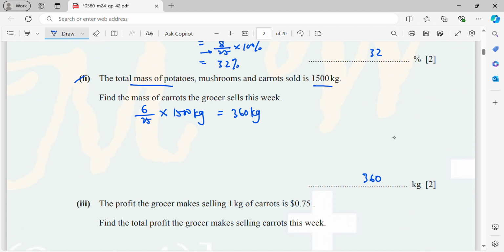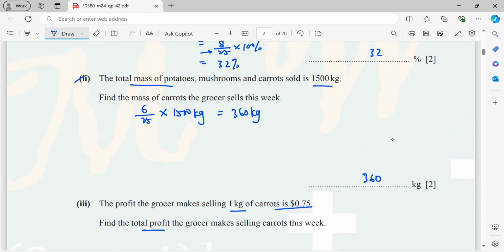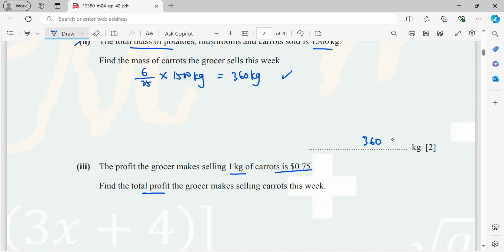Now part 3, the profit the grocer makes selling 1 kilogram of carrots is 75 cents. Now find the total profit the grocer makes selling carrots this week. So since we have found that it has sold 360 kilograms, the total profit will be the profit per kilogram, which is 75 cents, times 360 kilograms.